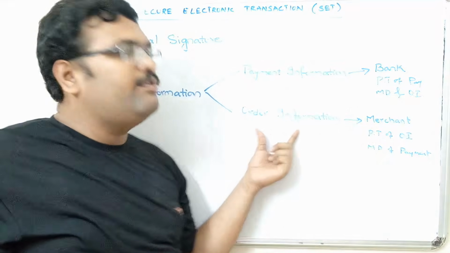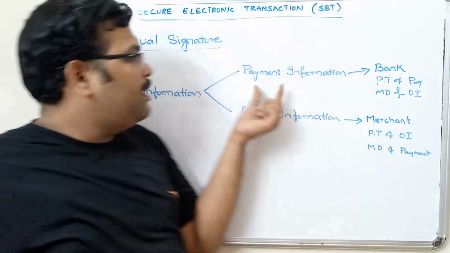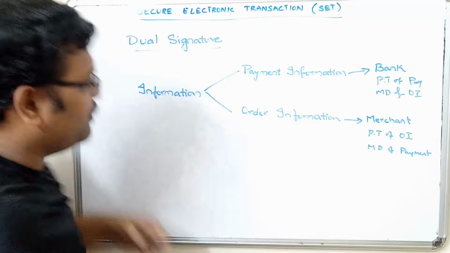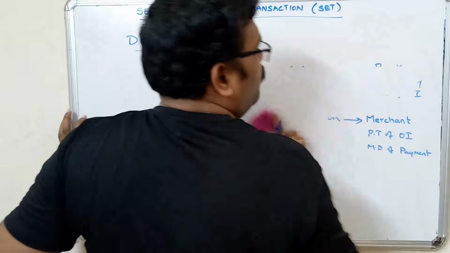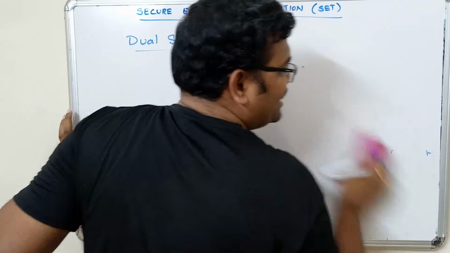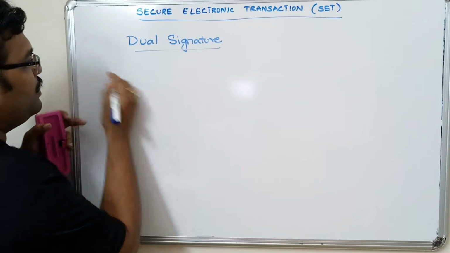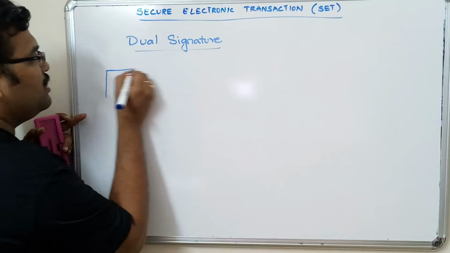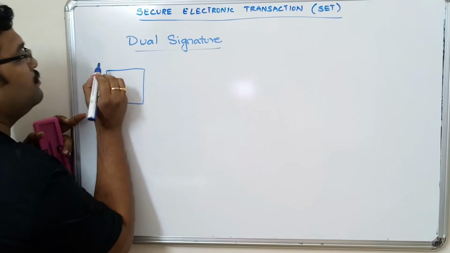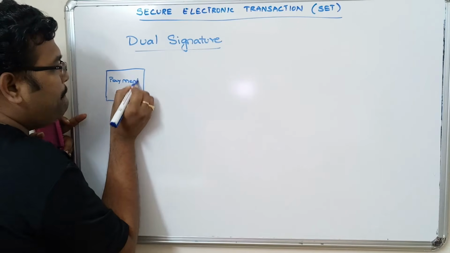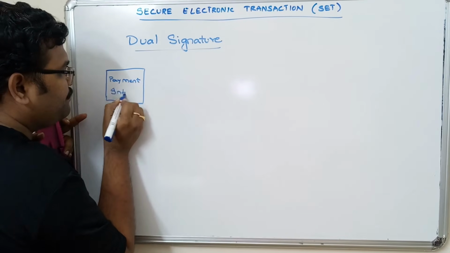Similarly, the order information will be sent to the merchant, and the payment information should not be shared with the merchant. Now we will see the generation of a dual signature. This is the payment information.